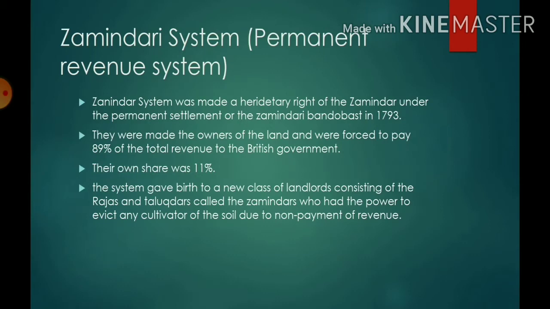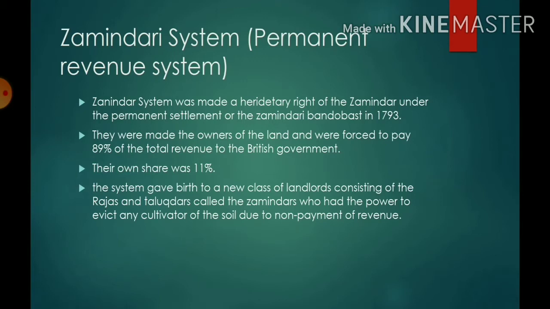Means the landlords were given the right to collect the revenue from an area, and they gave 89% of the land revenue to the British government, and the remaining 11% they kept. Means they owned only 11% and gave 89% of land revenue to the British government by the East India Company.